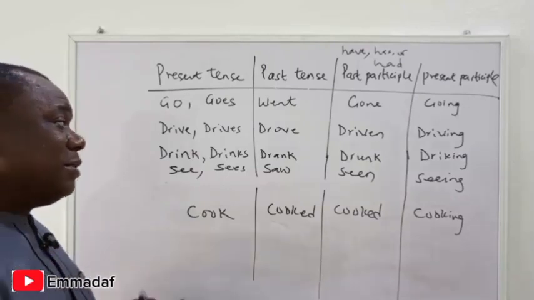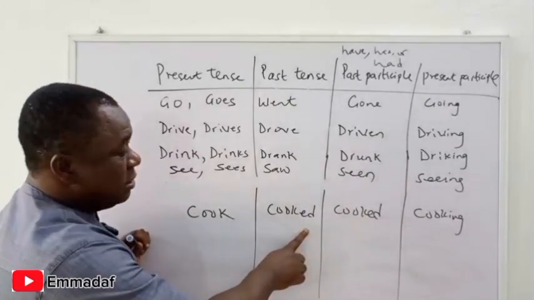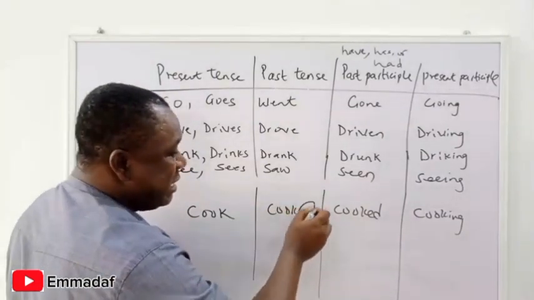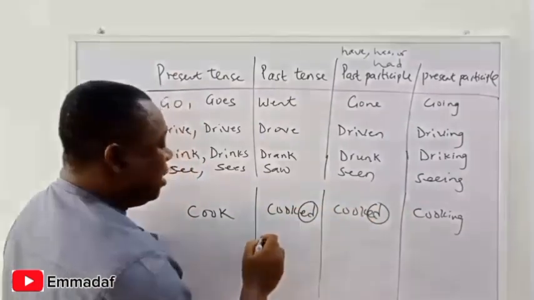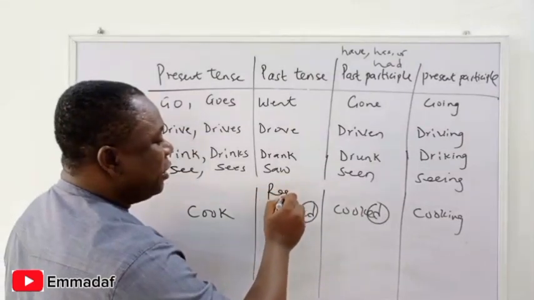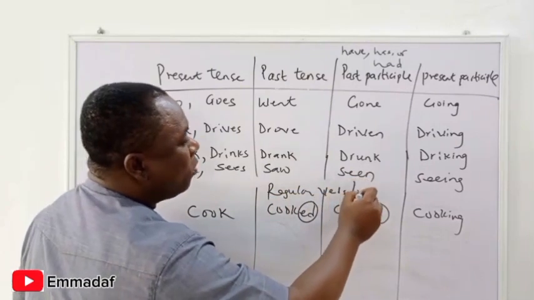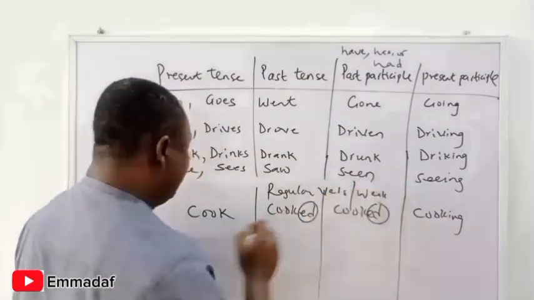Verbs that form their past tense and their past participle by adding ed are called regular verbs or weak verbs.